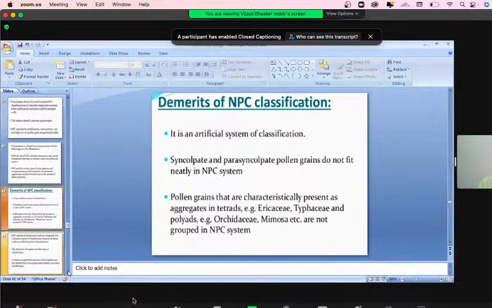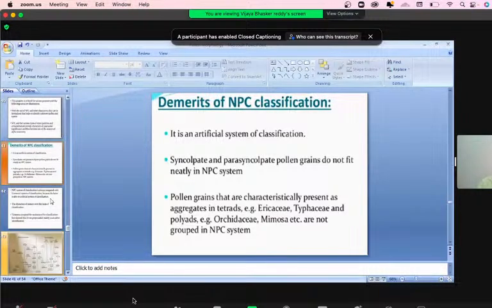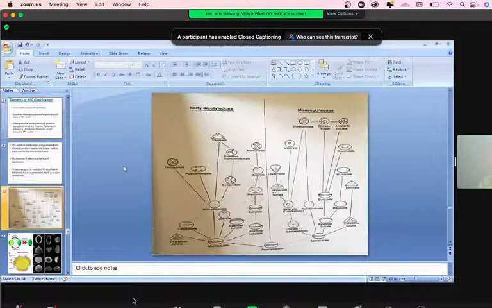This slide is showing the early dicotyledons and monocotyledons, how the distribution patterns of the pollen grain apertures evolved in different plants of the dicots and different plants of the monocots.